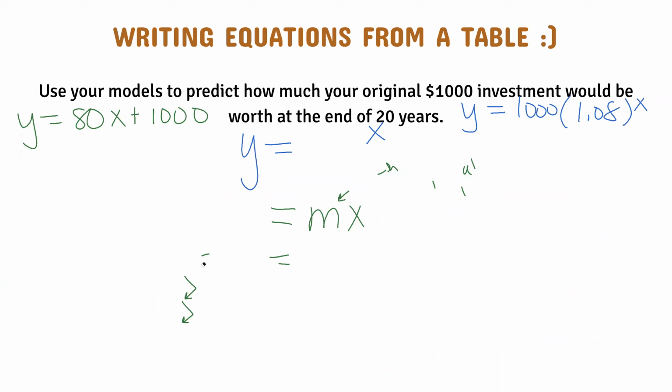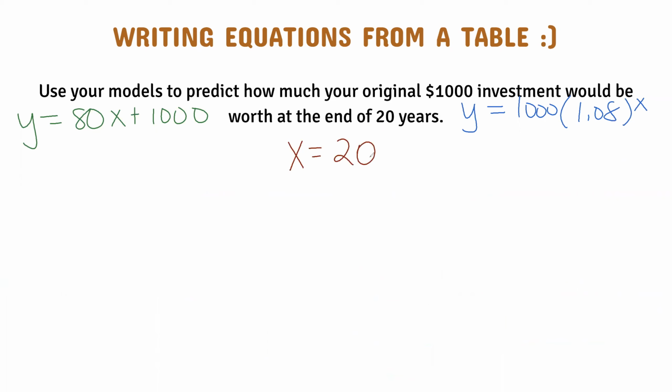Okay, so let's go ahead and try it. So it wants to know how much it's going to be worth at the end of 20 years. So what are we going to let 20 equal? 20 is going to be equal to x, because in our problem, it gave us the let statement that said x was the amount of years. And so x is going to be equal to 20. And all you have to do is plug in this 20 for x in both equations.